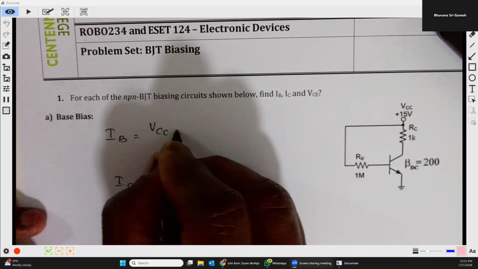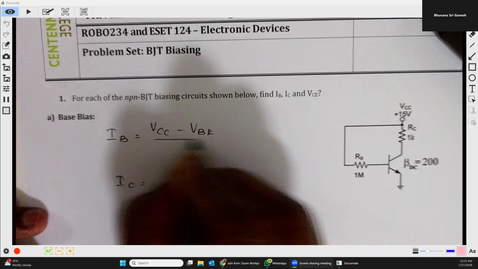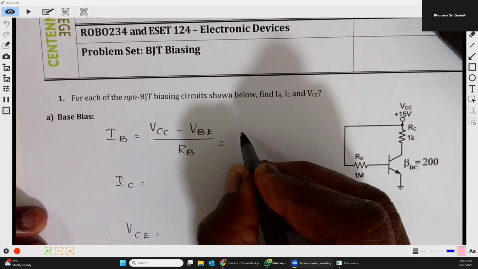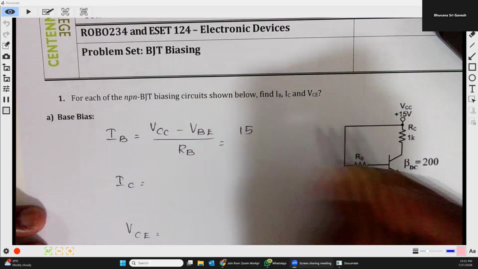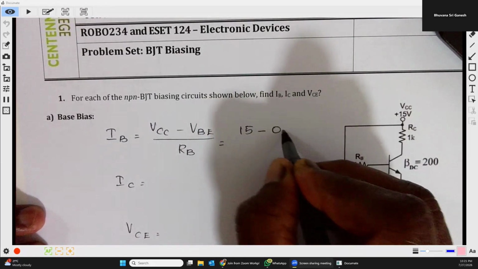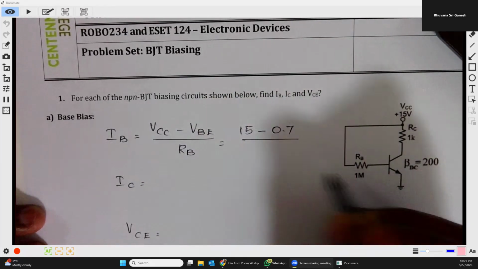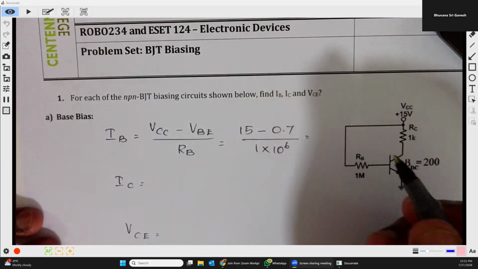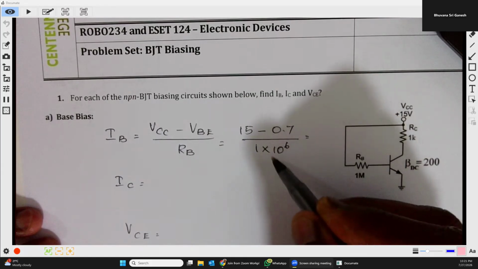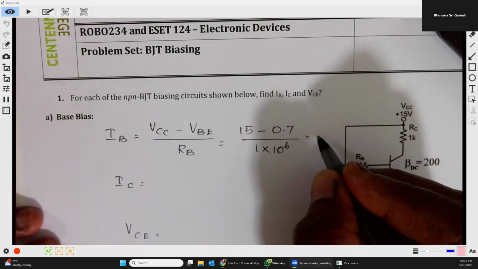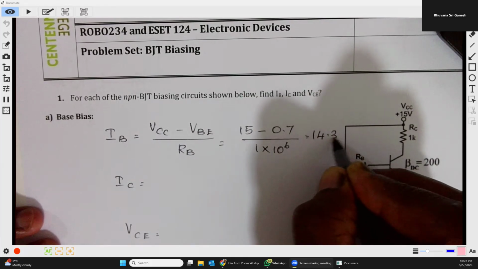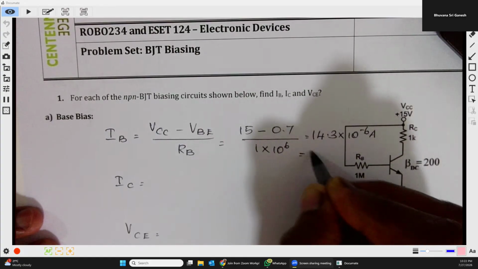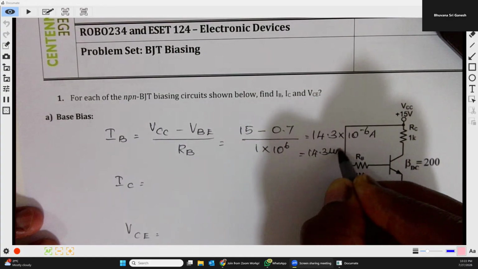VCC is 15, minus VBE is 0.7, over RB is 1 mega ohm, 10 power 6. 15 minus 0.7 is 14.3. This 10 power positive 6 comes to the numerator as 10 power negative 6, and it becomes 14.3 times 10 power negative 6 amperes, which is 14.3 microamperes.